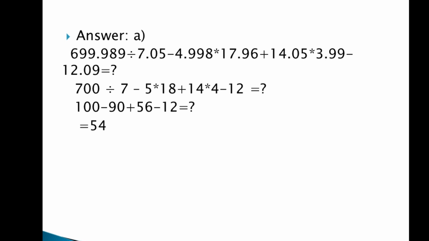Then we can write it like 700 divided by 7 minus 5 into 18 plus 14 into 4 minus 12 is equal to question mark. In the next step, 100 minus 90 plus 56 minus 12 is equal to question mark. Here in all steps we are using BODMAS. And the final answer is 54, and 54 is option A.